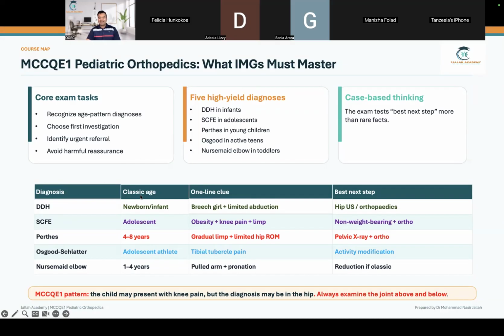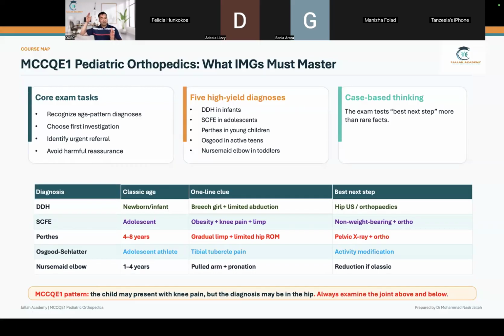So in terms of classic age, again, pay attention to the age. It will be newborn, infant. So usually you need to pay attention to the age and number of the age. For example, if it is anywhere between 4 to 6 months or less than that, it helps you actually to know what would be my next step in terms of investigation. If it is above 6 months, obviously the investigation will change.